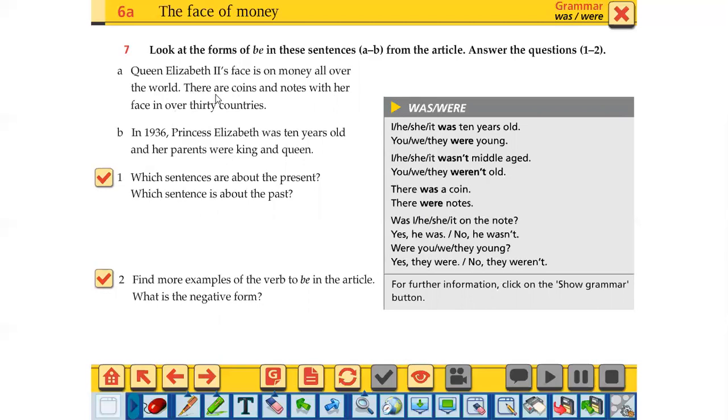Entonces es una forma de usar el verbo be, is, and there are. In 1936, Princess Elizabeth was 10 years old and her parents were king and queen.